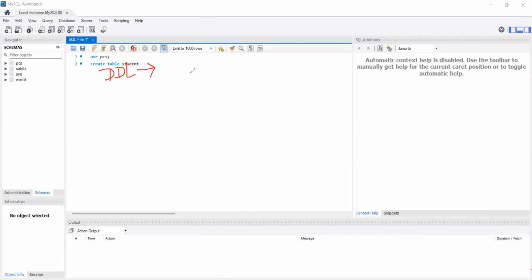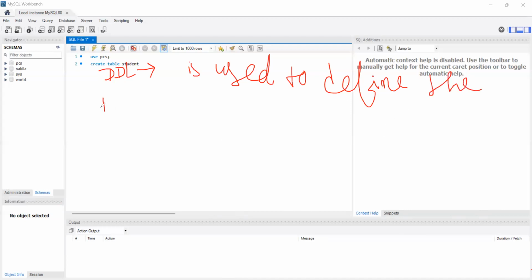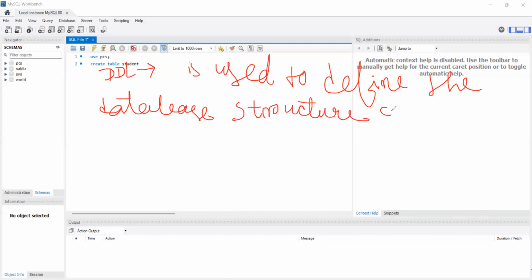DDL, data definition language, is used to define the database structure or schema.